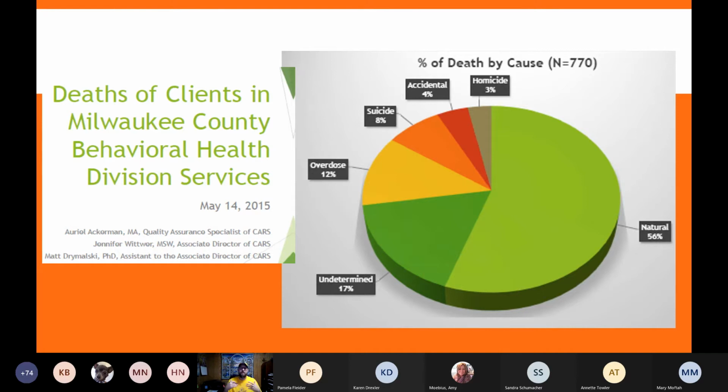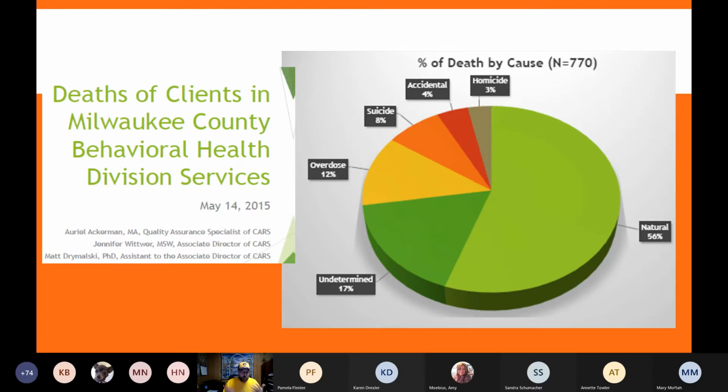This gave us validation that encouraging people to see their primary care providers to enhance their personal wellness was actually helping, in hopes of prolonging their life, given that this is a major cause of death for individuals that we're serving. There are so many other things I could talk about and the impact that all this has had.